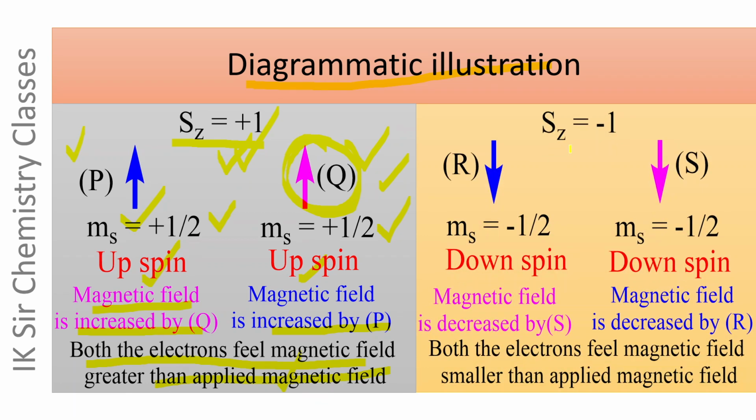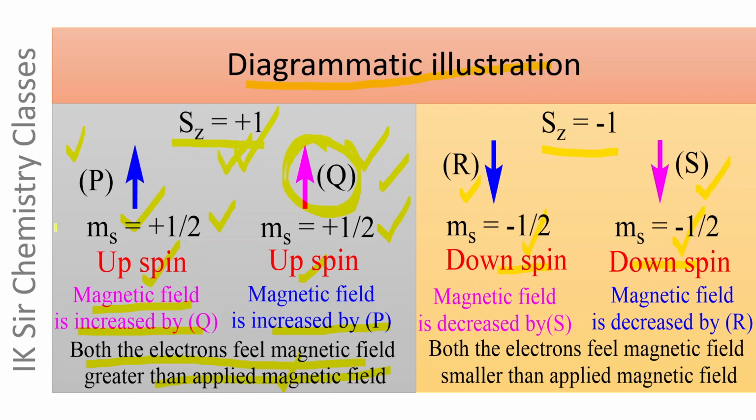Similarly, let us consider the Sz equals minus 1 state. It consists of two electrons, R and S, having down spin, that is beta spin, with ms equals minus half and ms equals minus half.